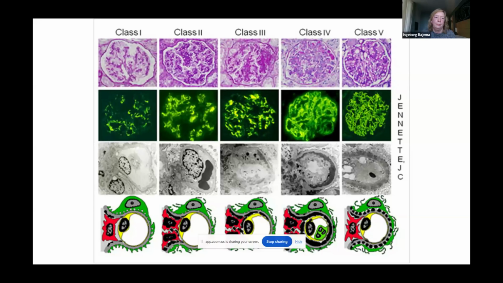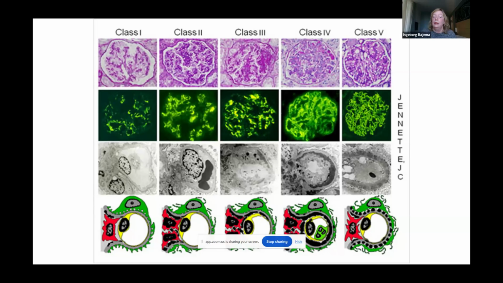And over here, this very nice overview, which is from Charles Jennette, we see in the diagram 5 classes. There's also a class 6 lupus nephritis, which is characterized by mostly global sclerosis. But we see here the immunofluorescent pattern of all the classes.